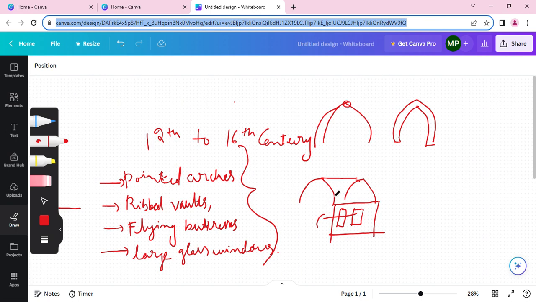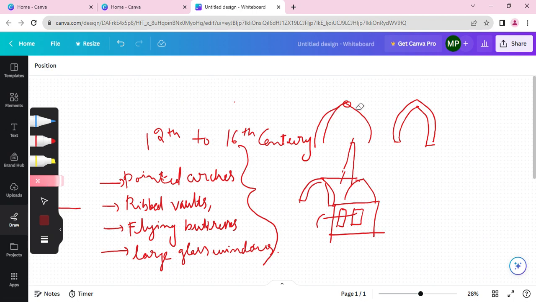The churches and other buildings were constructed as very large structures with the help of these arches. So what are ribbed vaults?